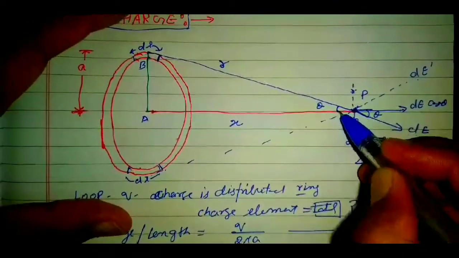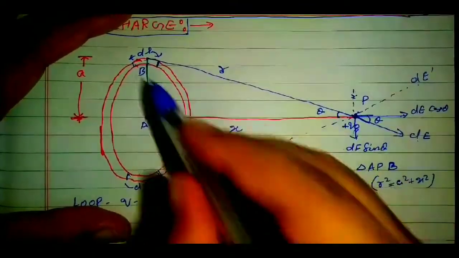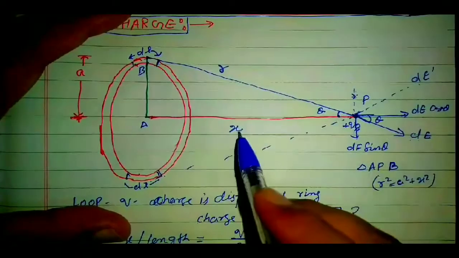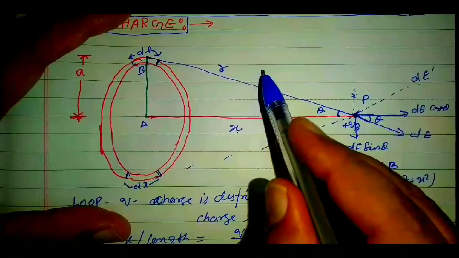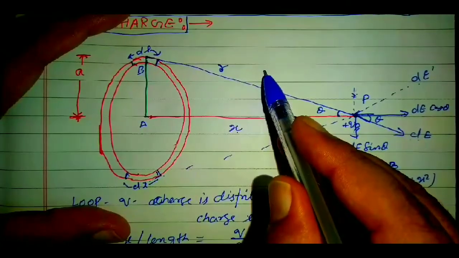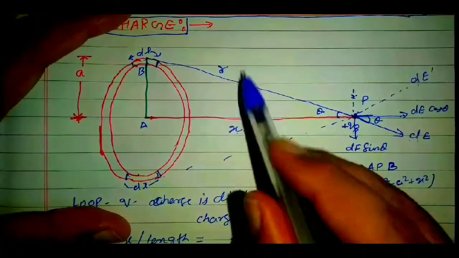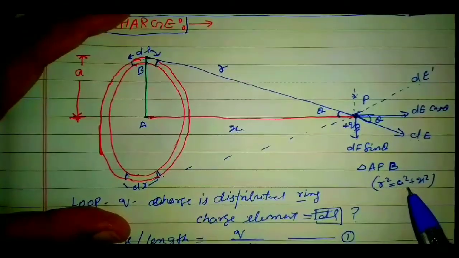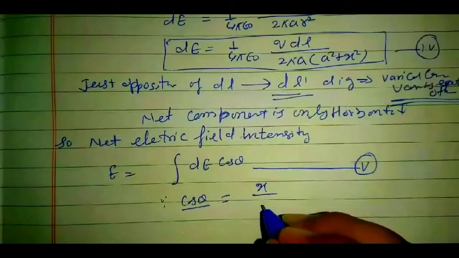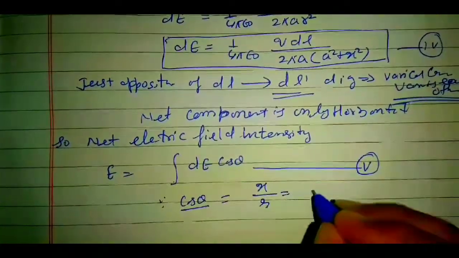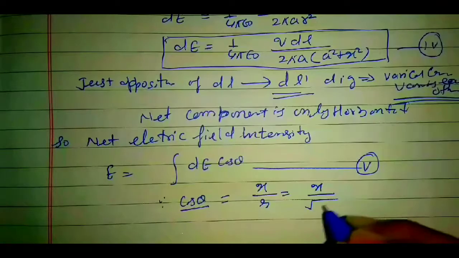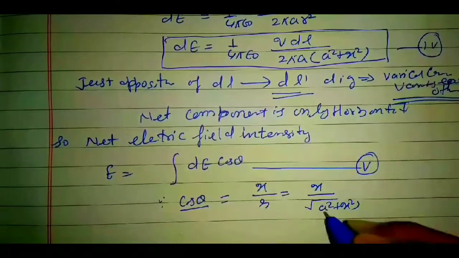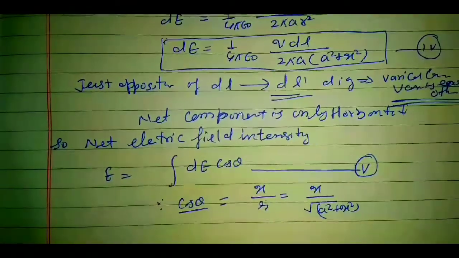This is angle theta. So it is base, perpendicular, hypotenuse. It is base by hypotenuse. Base is x, hypotenuse is r, and r is under root a square plus x square. So cos theta is given by x upon r, or x upon under root a square plus x square.